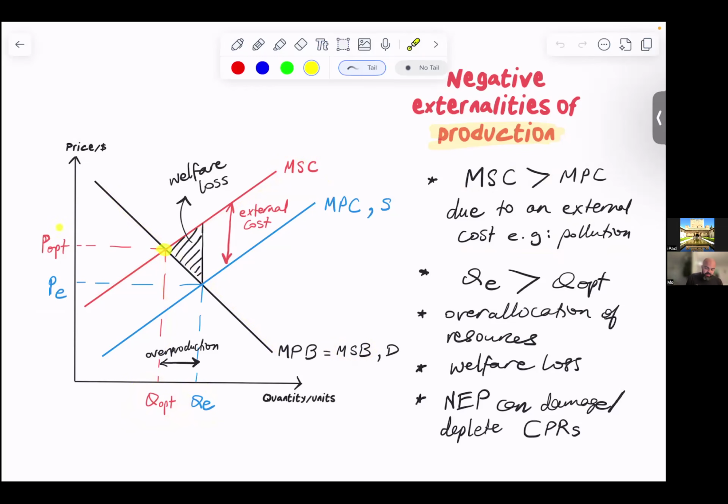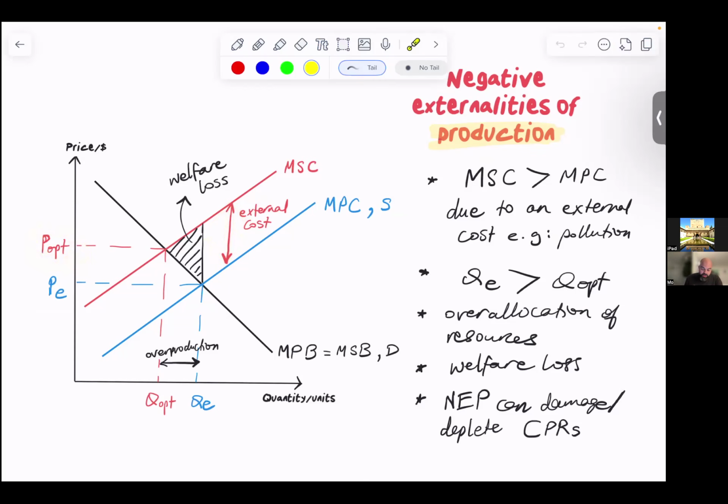And this is P opt. This is the price that would accurately reflect the cost to society. Don't think of it as the perfect price as much as the price if that cost to society was reflected or borne by the producer instead of imposed on society.